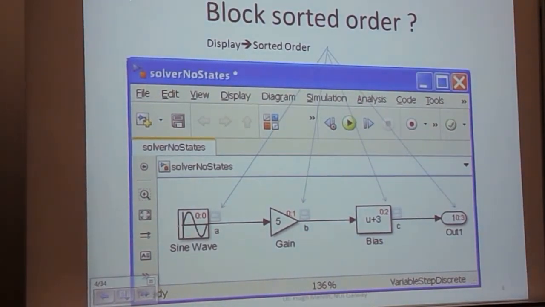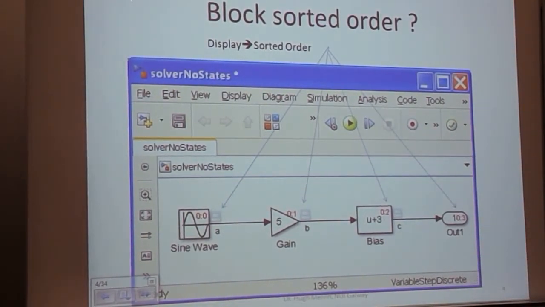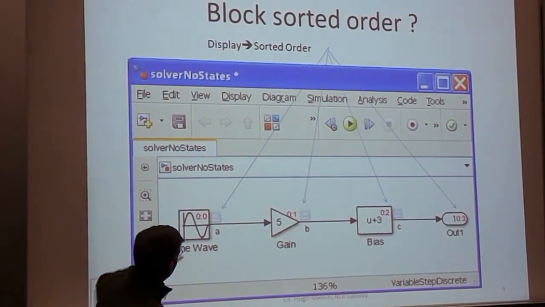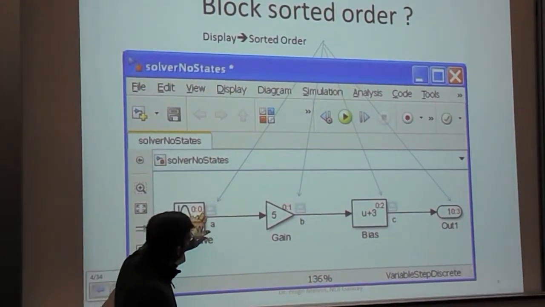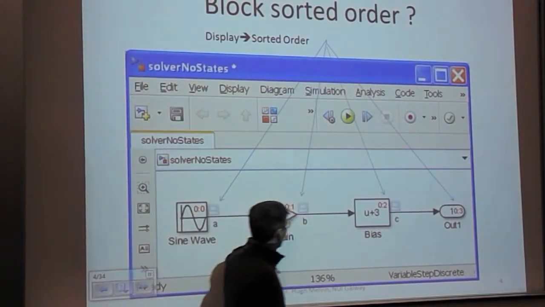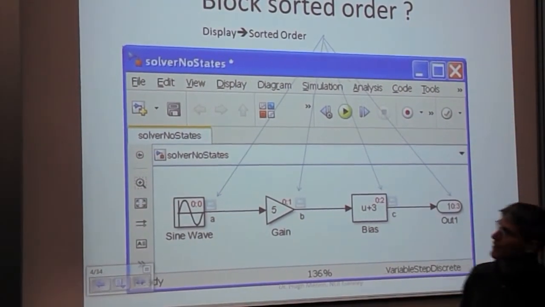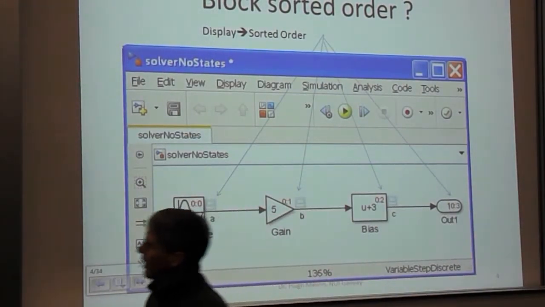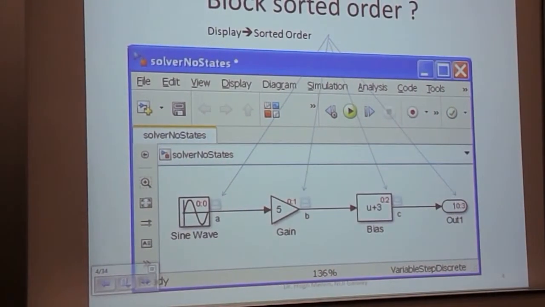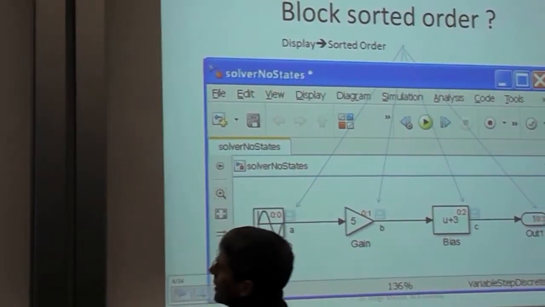So at each step, you don't have to remember what the previous stage was. So you can see Simulink is telling you here that the order is 0, 1, 2, 3. So in other words, you're going from left to right. Okay? And that's a useful thing maybe to have a look at when you build your models. So display and then sorted order.